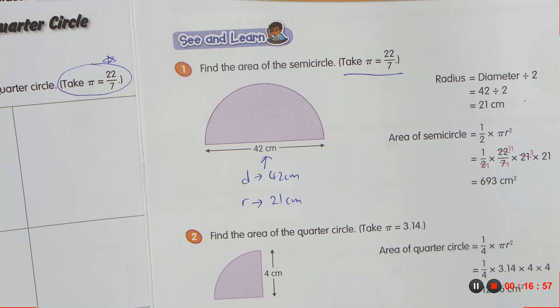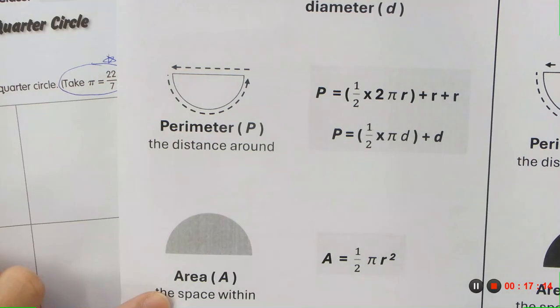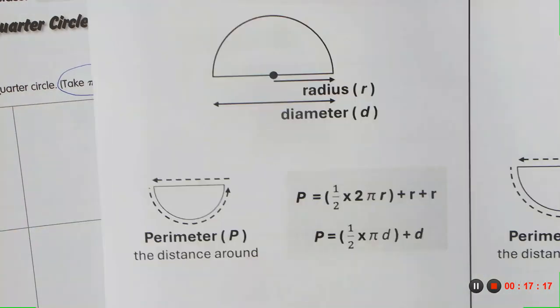There's a half, correct. See, how is it similar and different? Look at the formulas, for area and for perimeter. Just look at this. This is the formula sheet. I have the perimeter and I have the area, and then I have the circle one.